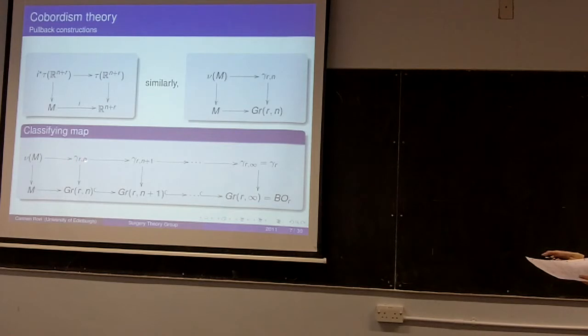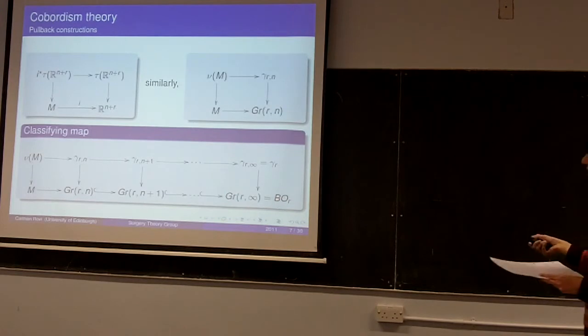So here we have the universal bundle over the Grassmann manifold, and so on. And here, when we reach infinity, you can write it just like R infinity or just like gamma R, which is the bundle over BO(R). This is important because we are going to use it a lot.